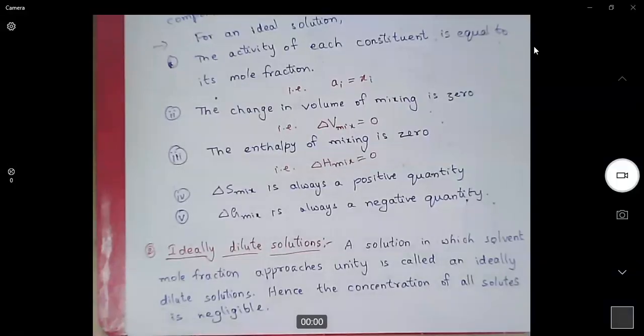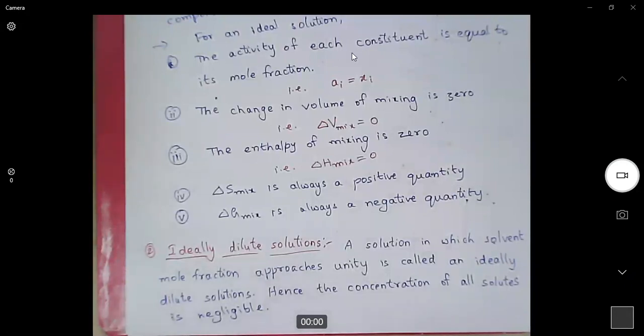Based on Raoult's law, the solutions are classified into a second type as ideally dilute solutions. What is a dilute solution? A solution where the fraction of solute is very, very small is called a dilute solution. Now, what is ideally dilute? If the fraction of solute is almost zero, it is not zero, but almost zero, then it is called an ideally dilute solution.